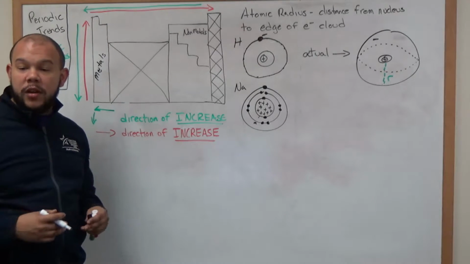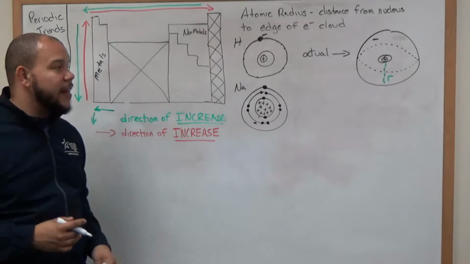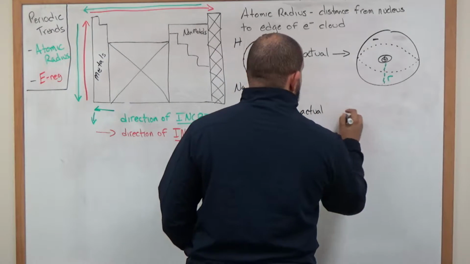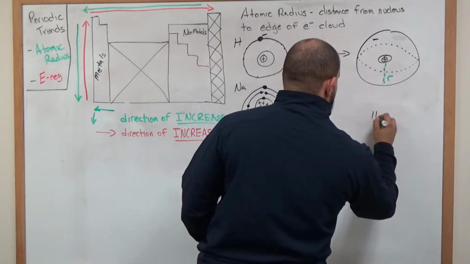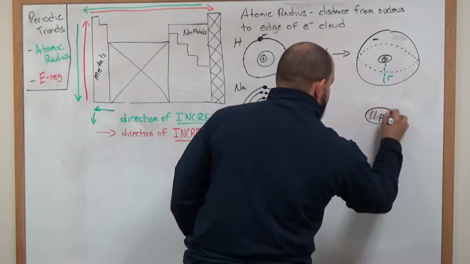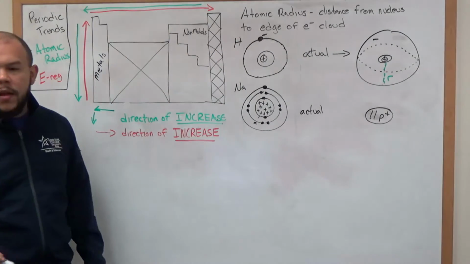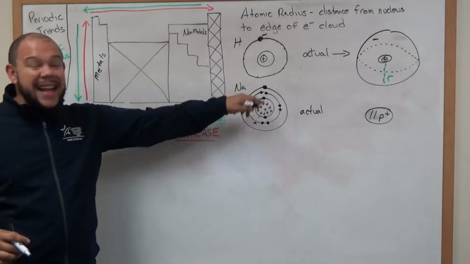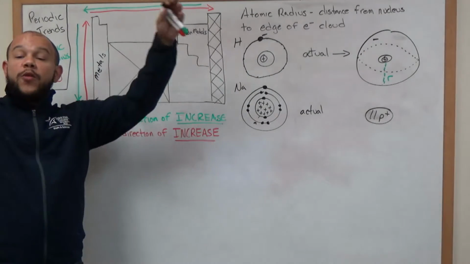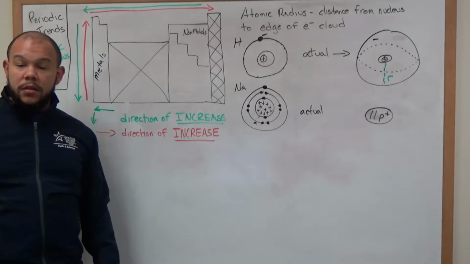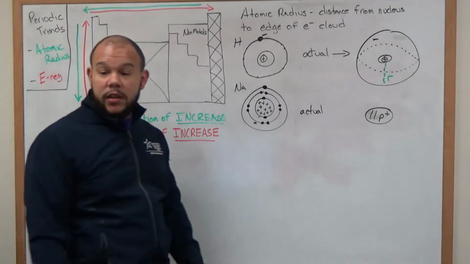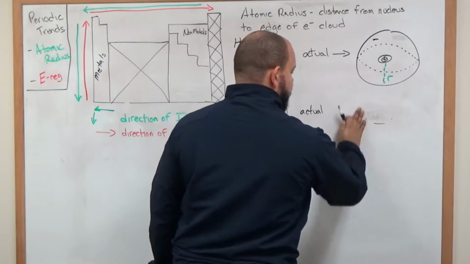Which means that in an actual situation where we have 11 protons, the outermost electrons can get further away from the nucleus because they don't feel the attraction as strongly. That's the best way to put it. They don't feel the attraction as strongly.